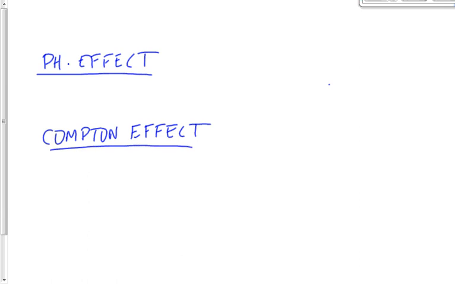Today we want to talk about, and yesterday we also talked about this, the Compton effect. The Compton effect is similar to the photoelectric effect. Light strikes a metal, you've got a photon, that causes an electron to be ejected, just like in the photoelectric effect.